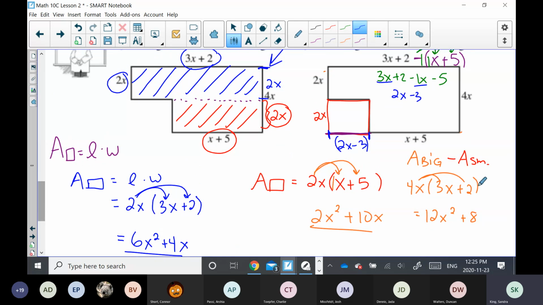Okay, so we got the area of the big. So this was my area of the big. Let's do area of the small.